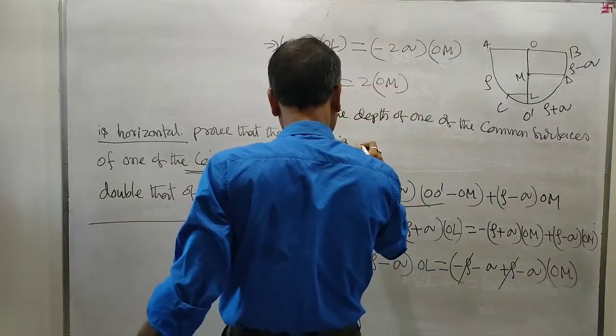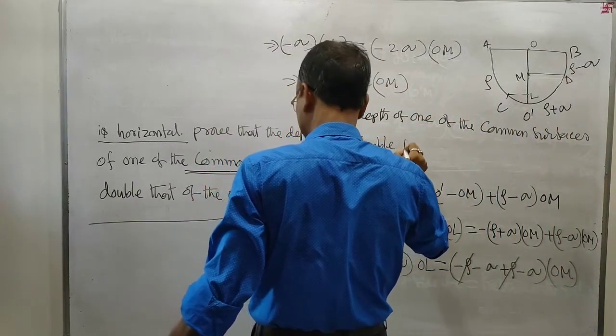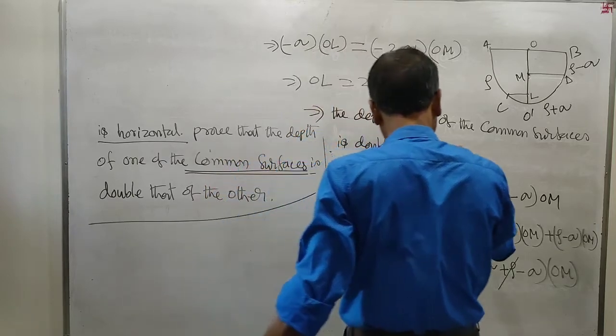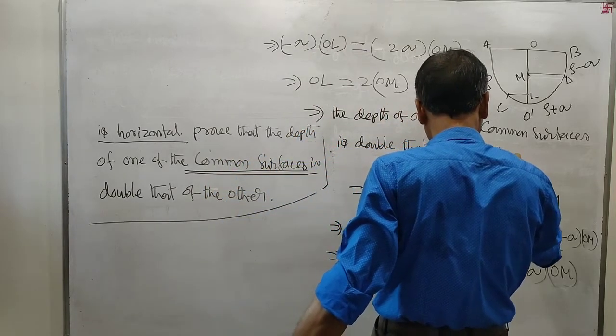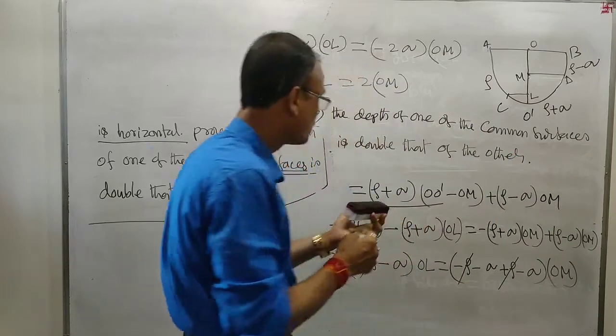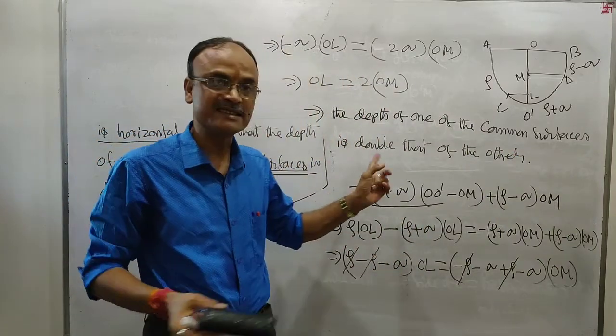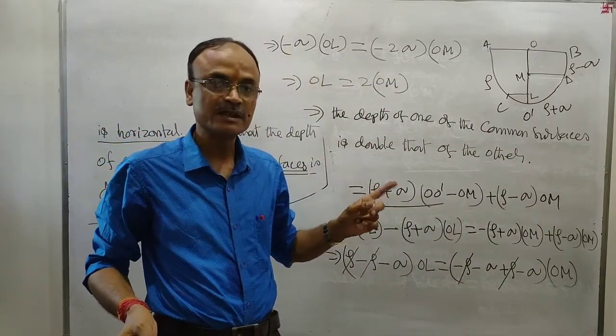Therefore, the depth of one of the common surfaces is double the depth of the other.